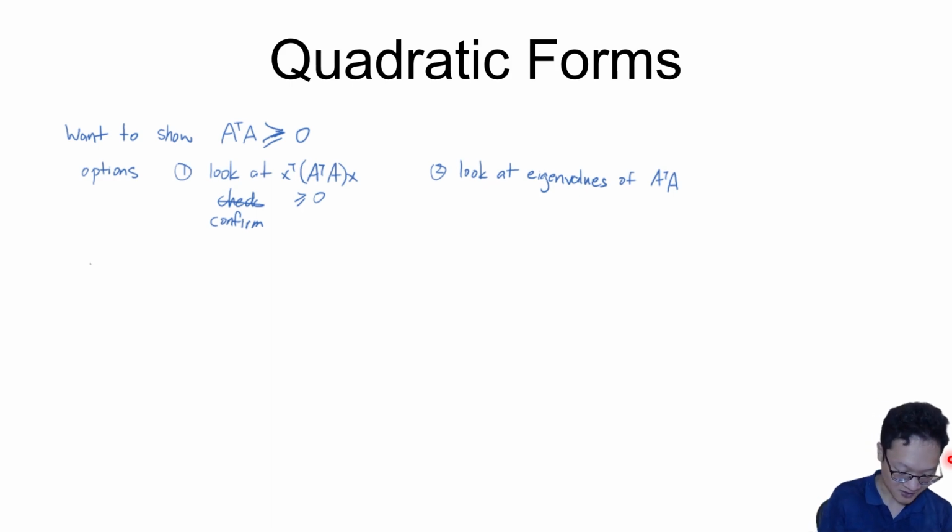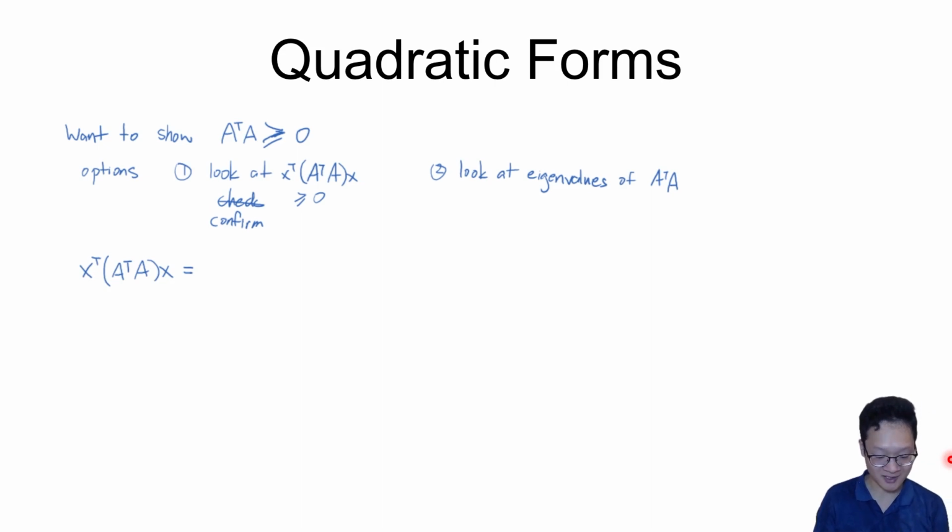Okay, for option number 1, we're going to do a bit of calculation, first by writing out the starting point. So what does this equal? Now we're going to manipulate this expression bit by bit until we get something that looks like it's greater than or equal to 0.